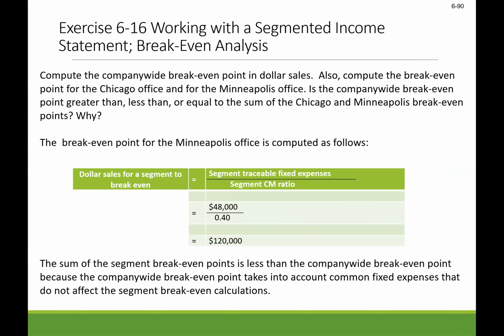Minneapolis, they're traceable fixed divided by their contribution margin. The sum of the segment break-evens is less than the company-wide break-even because the company-wide takes into account common fixed expenses that do not affect the segment break-even analysis.